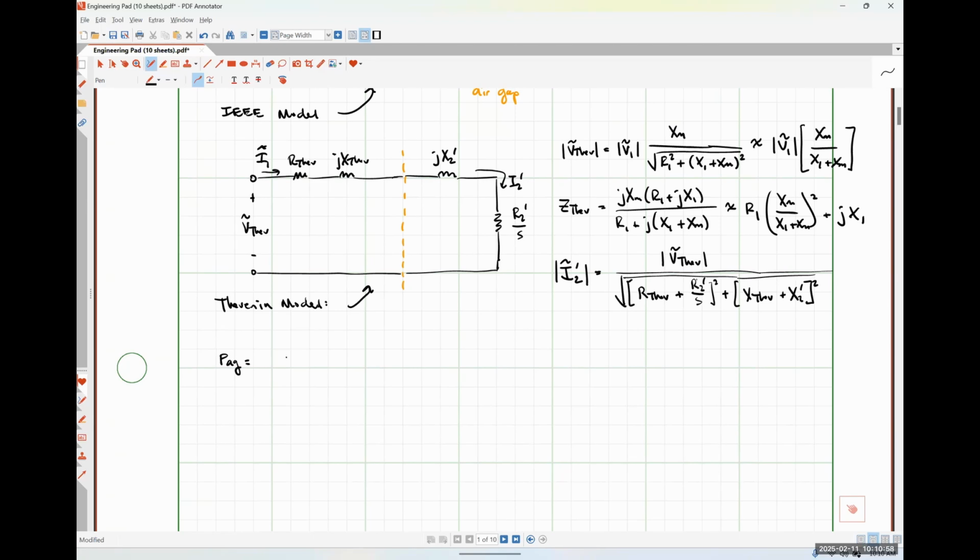So PAG was 3 times the magnitude of our rotor current squared times R2 prime over S. And this came out to be 3 times the magnitude of our Thevenin voltage squared times R2 prime over S, divided by quantity R Thev plus R2 prime over S, squared, plus quantity X Thev plus X2 prime, squared. All right, so this is where we'd stopped at the end of the last class meeting.